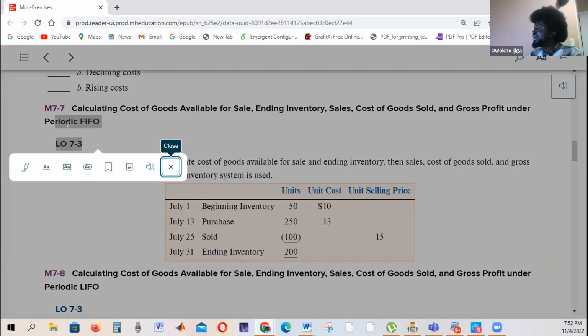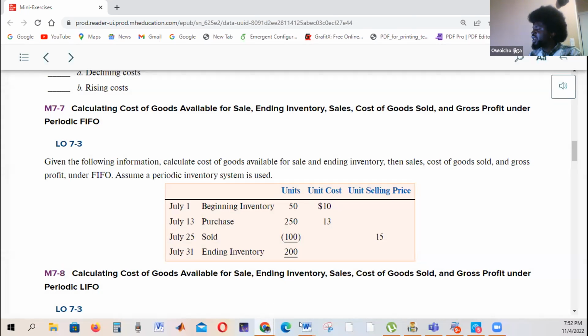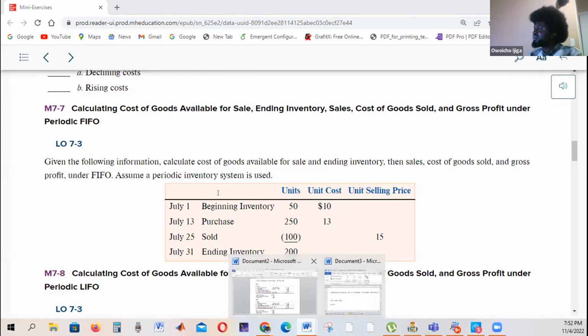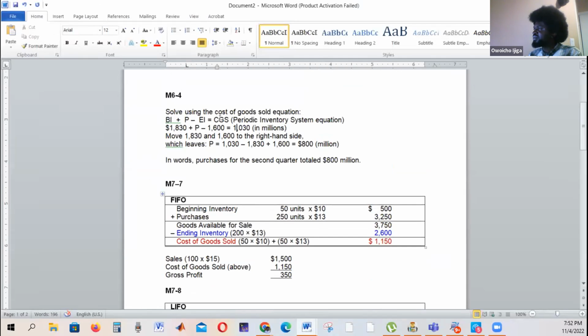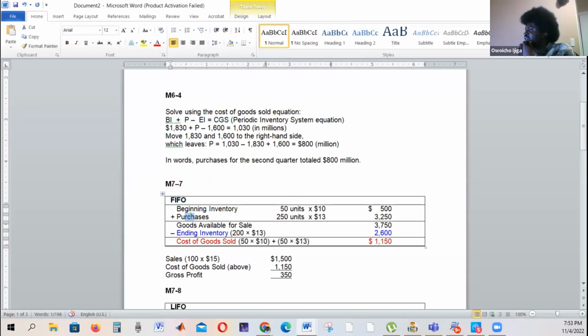So we are talking about periodic inventory system, and the formula for the periodic inventory system is this. Remember, this is the periodic system. Beginning inventory plus purchase minus ending inventory is equal to the cost of goods sold. The FIFO means the goods that go in first will be the ones to sell first. So here, the beginning inventory is there before the goods you purchase.